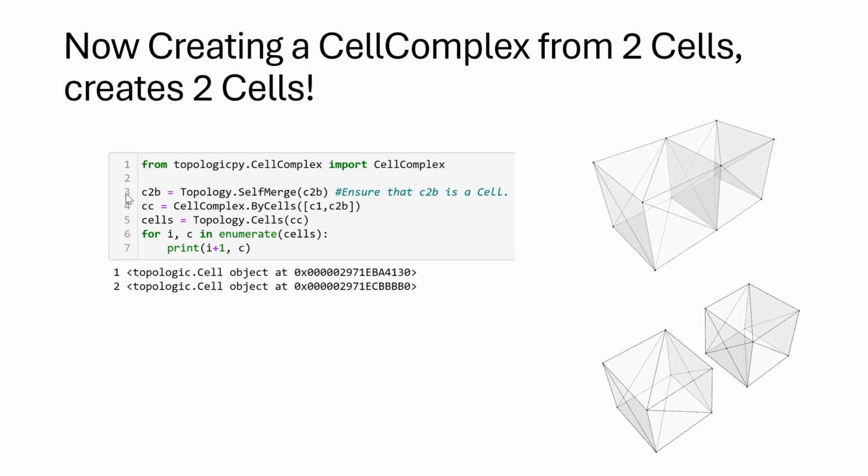As you notice here on line 3, C2B is equal to topology.self-merge C2B to ensure that C2B is a cell. And then I create another cell complex by cells. I give it C1, but also now I give it C2B, and that creates a new cell complex. And when I get the cells of this cell complex and I list them, I get only 2 cells as expected.